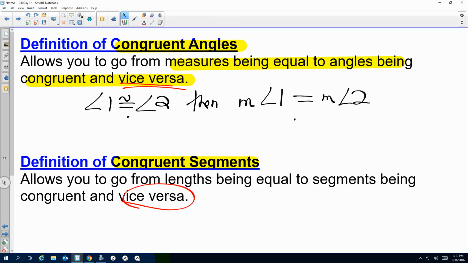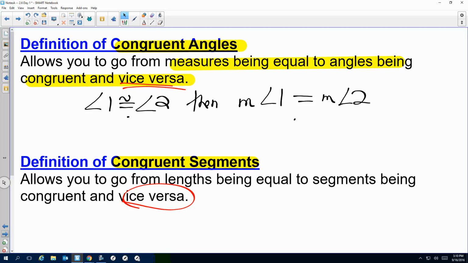The definition of congruent angles says that if angle 1 is congruent to angle 2, that's the congruent symbol, then the measure, this lowercase italicized m, the measure of angle 1 equals the measure of angle 2. So if I state that they're congruent, then you can conclude that they are equal.